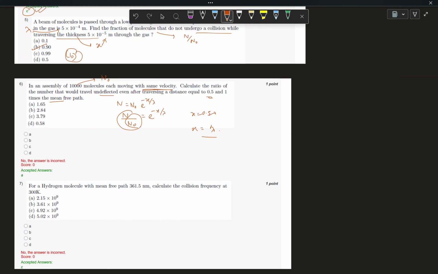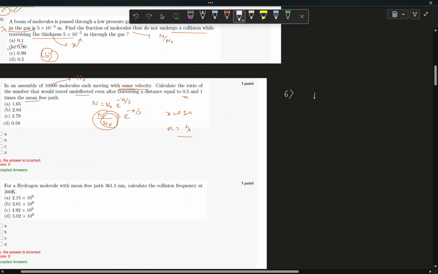And from this you get two different values, and then you have to take the ratio of both of them. So you get the two values and take a ratio, and you will get one of the options given in the question. So question number 6, I will try to solve here itself. Your n naught is the initial number of molecules to begin with.